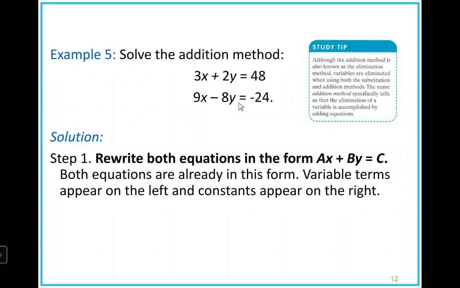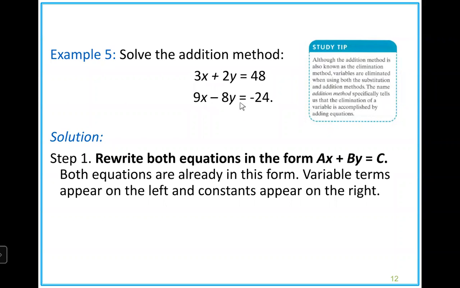With this addition method, you're going to add the two equations together. But if you add these two together, you're going to get 9 and 3 is 12, and then 2y plus -8y gives you -6y. So you're not going to end up eliminating anything here if you add these together.